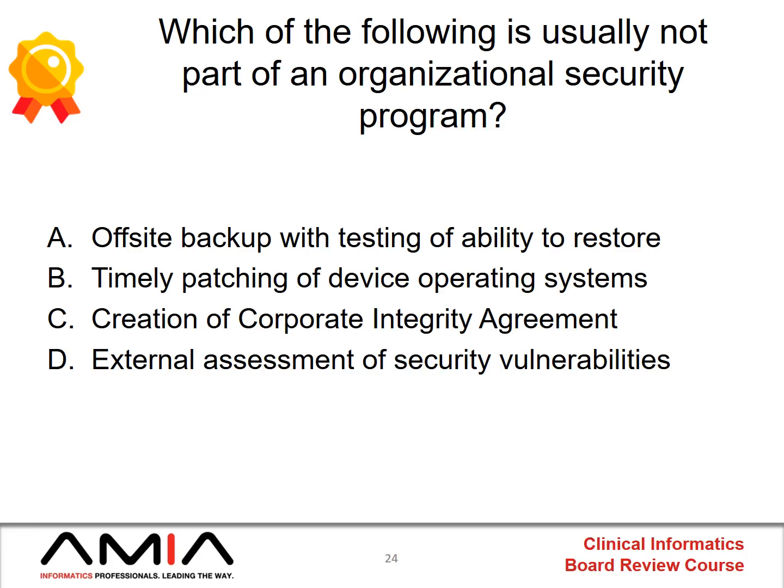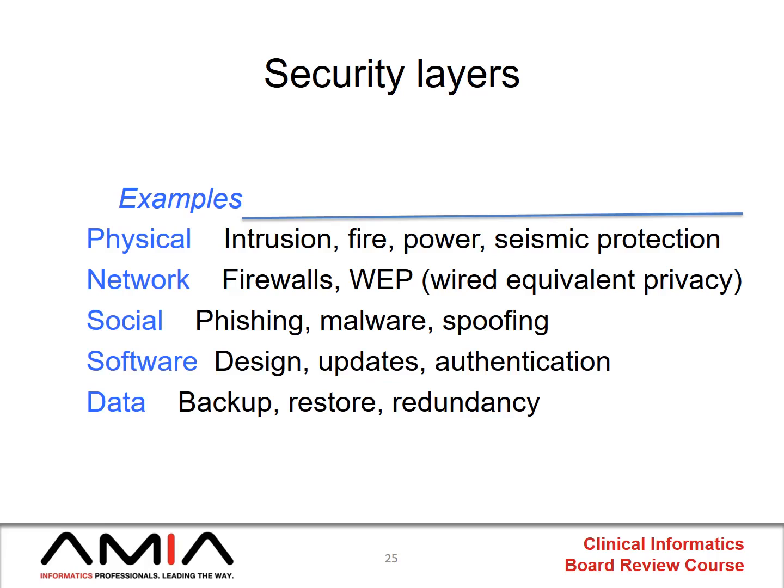So let's talk about security layers in a little bit more detail, introducing some terms that you may have familiarity with or may need a refresher on. We've talked about physical security, which includes intrusion, fire, power, seismic protection.